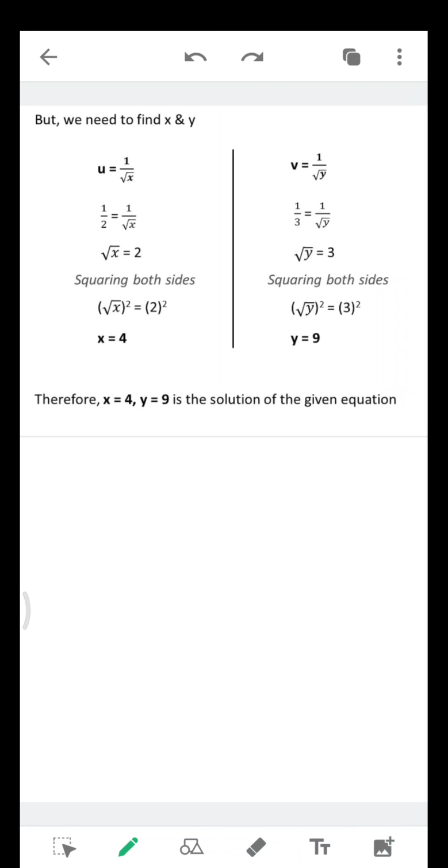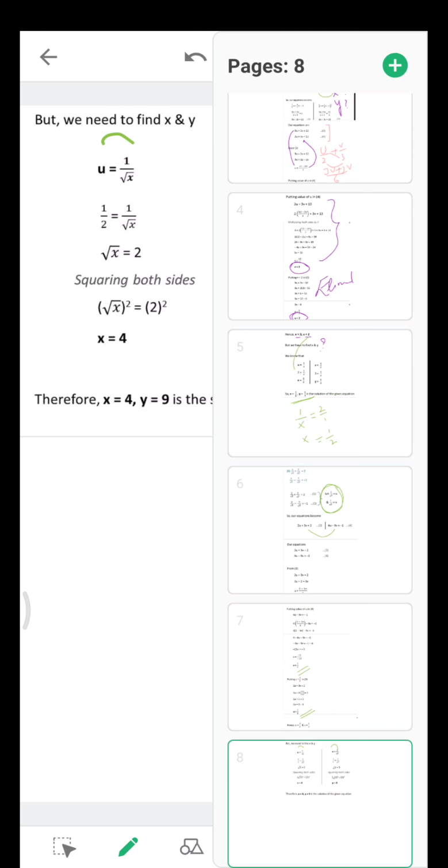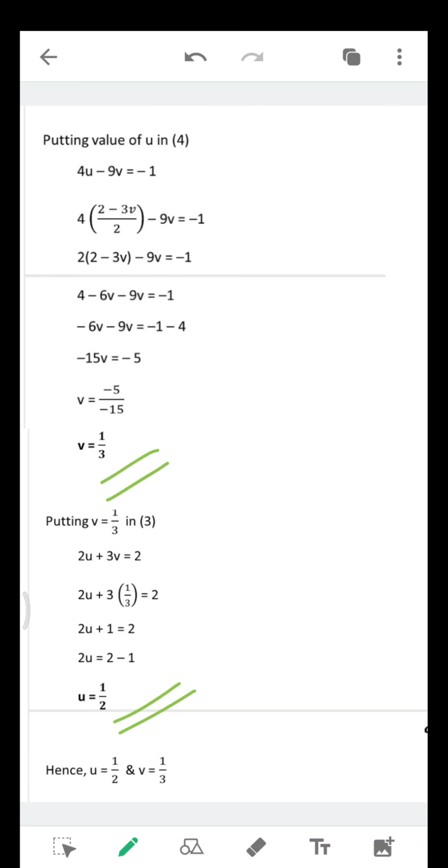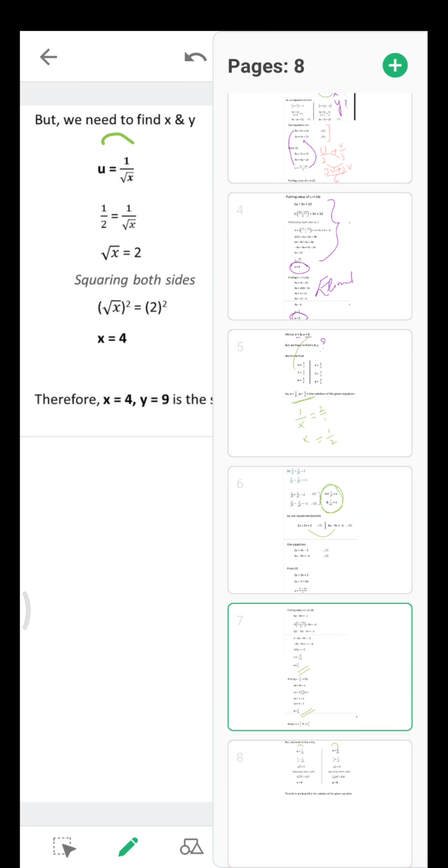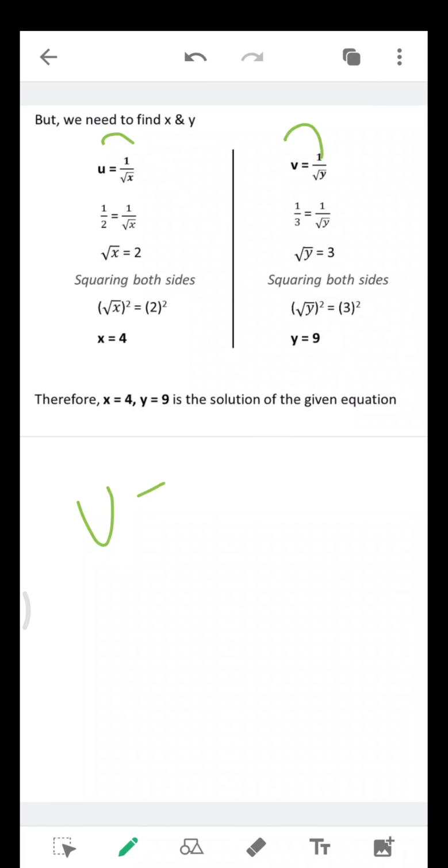parts. We assumed 1 by root x as u and 1 by root y as v. So what are our u and v values here? U is 1 by 2 and v is 1 by 3. So I am putting u as 1 by 2 here, and if I cross multiply, I'll get root x is equal to 2.